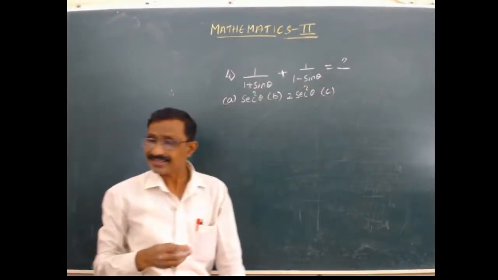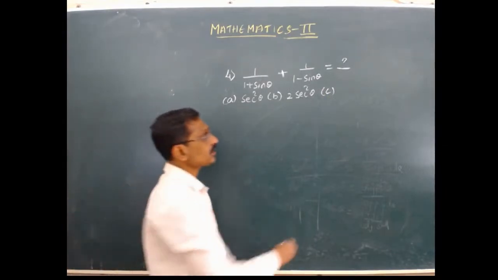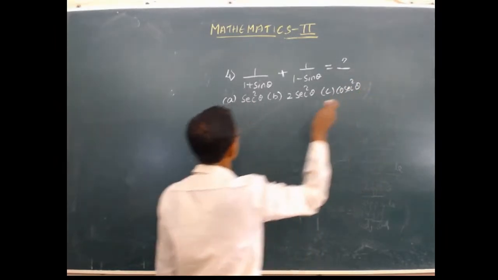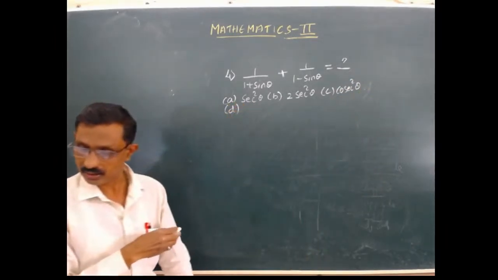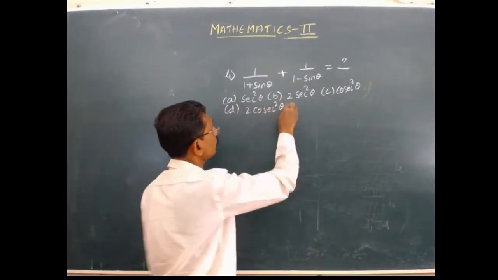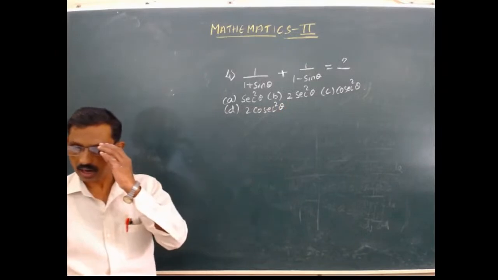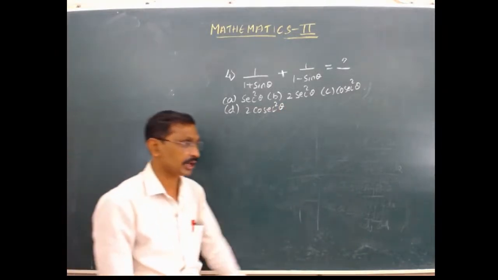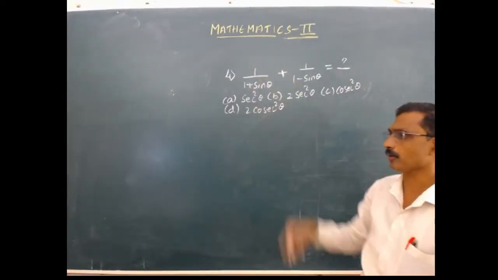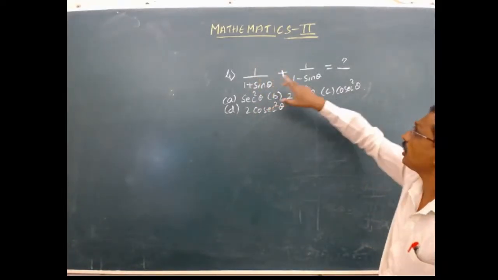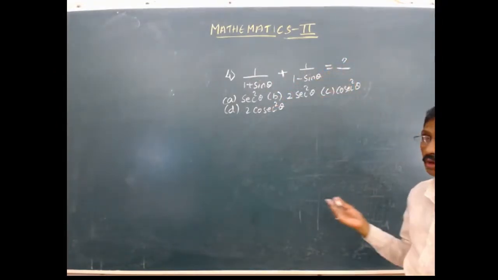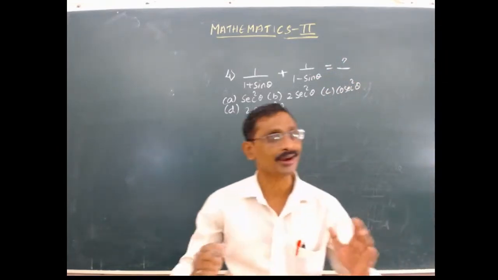Option C is cosec square theta. And option D is 2 cosec square theta. Look at this question very properly. 1 upon 1 plus sine theta plus 1 upon 1 minus sine theta, which is equal to how much? A big question mark given to us.